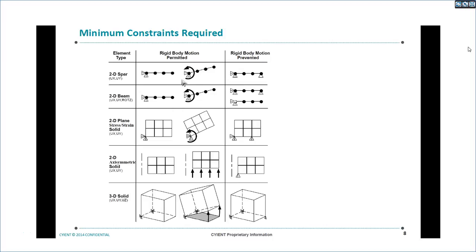So here, when you apply load, this is a 2D spar. When you constrain at this node, both along the beam length and normal to the beam, and a moment load is applied, it can move. There is a rigid body motion along this direction. This can be arrested when you restrain the other end.